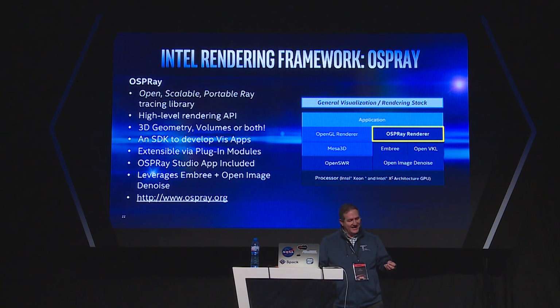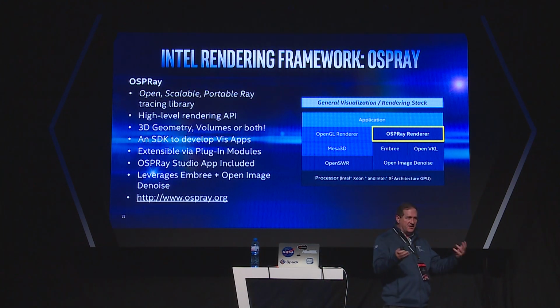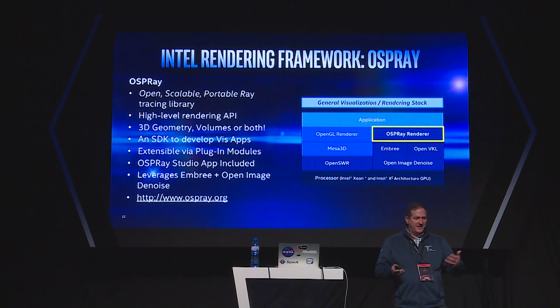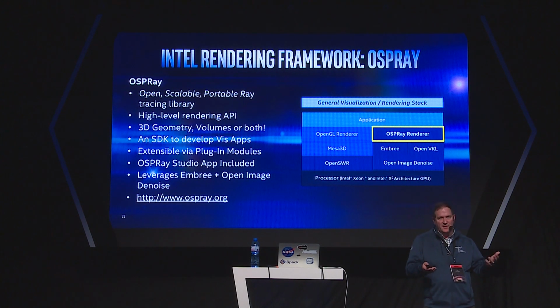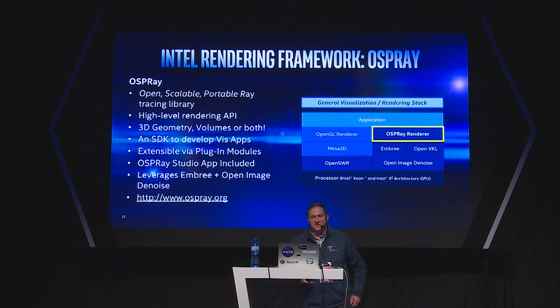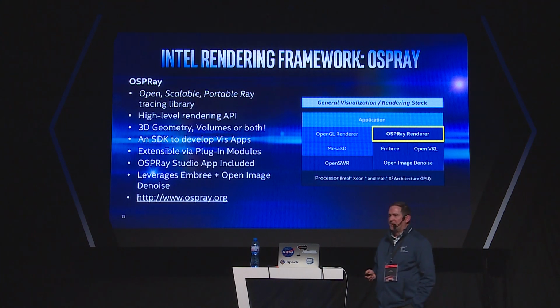But OSPRay implements certain shaders and materials and other things that V-Ray and DreamWorks actually consider their value add or their secret sauce. We don't want to take that away from anybody. That's why Embree is completely available to do that. But there are some really cool things that OSPRay can do, for instance, over and above what Embree can do.